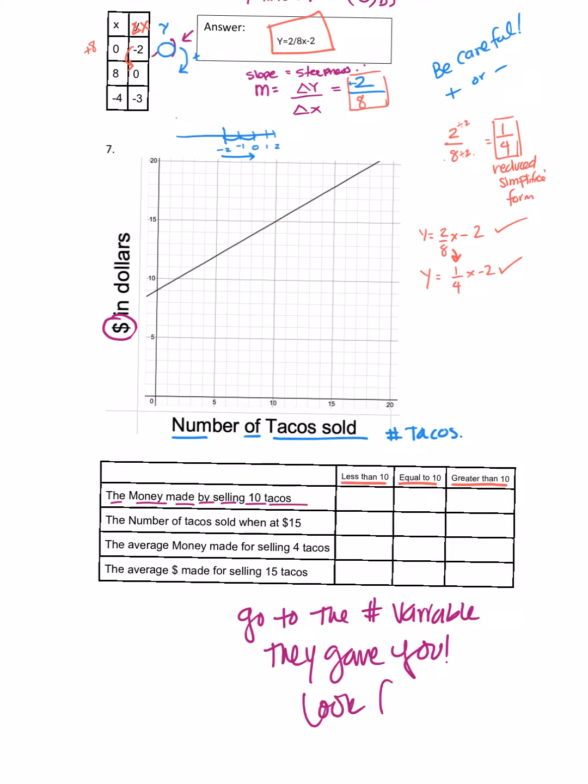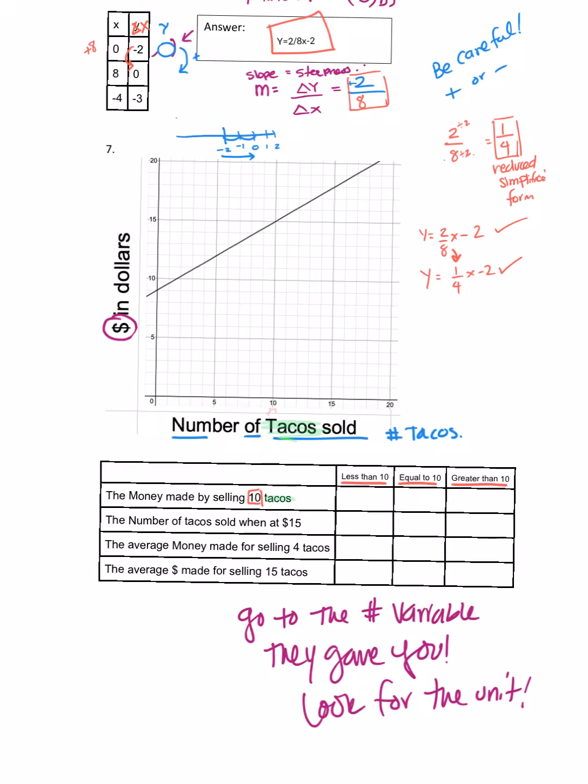Look for the unit. So for example, watch. Money made by selling, what's the number? 10 what? Tacos. Go to the tacos and go find 10.